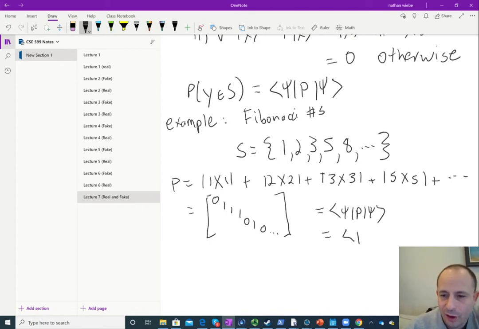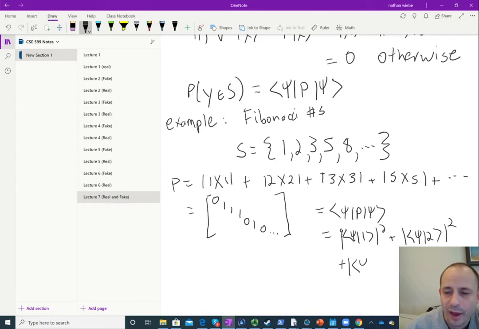This is just psi inner producted with 1, absolute value squared, plus psi inner producted with 2, absolute value squared, plus psi inner producted with 3 squared, plus 5 squared.